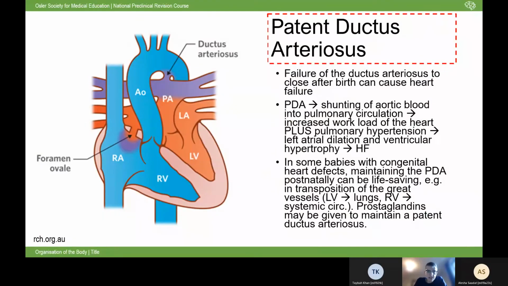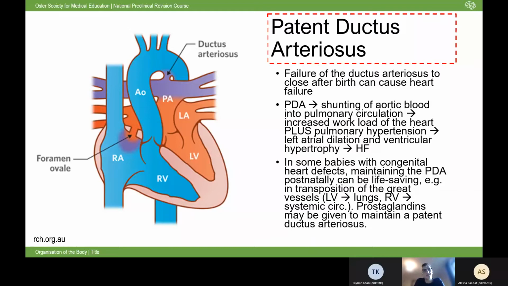Patent ductus arteriosus is typically a problem. It causes shunting of systemic aortic blood into the pulmonary circulation. It means that the heart has to work harder and you get pulmonary hypertension, which in turn can lead to right-sided heart failure. However, there are some cases where this abnormality is actually quite useful.